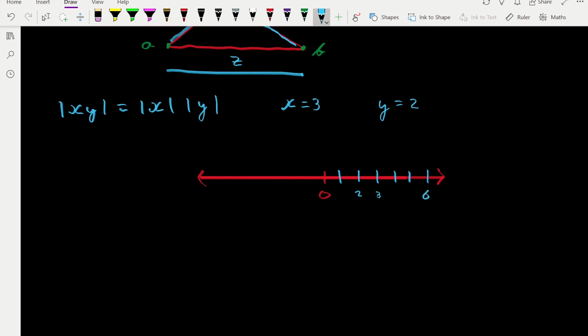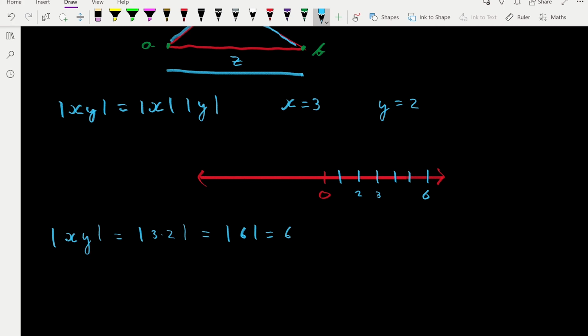So that's what x times y would be. So the absolute value of x times y, in this case where x is 3 and y is 2, would really come down to 3 times 2. Now let's suppose we resolve 3 times 2 inside the absolute value bars, and now we're asking what the distance of 6 from 0 is. Well, it's just 6 units.